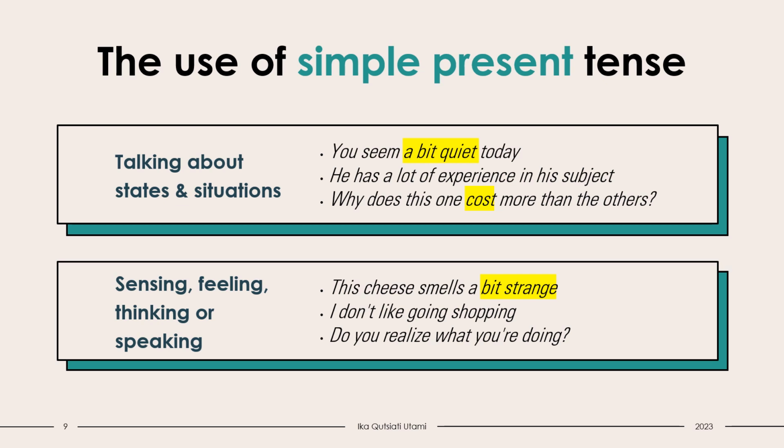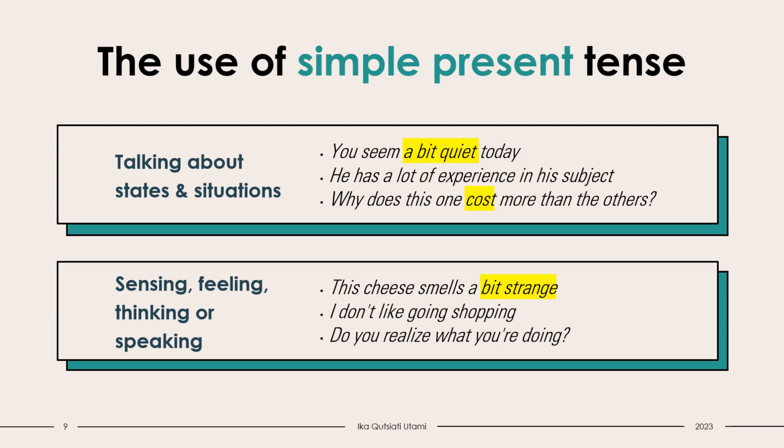We use the present simple for this verb. This is because many of these verbs describe states, and the present simple is used to talk about states, as you saw just now. Let's look at some more examples.